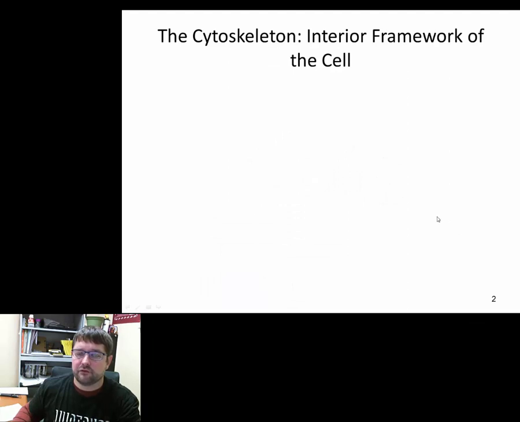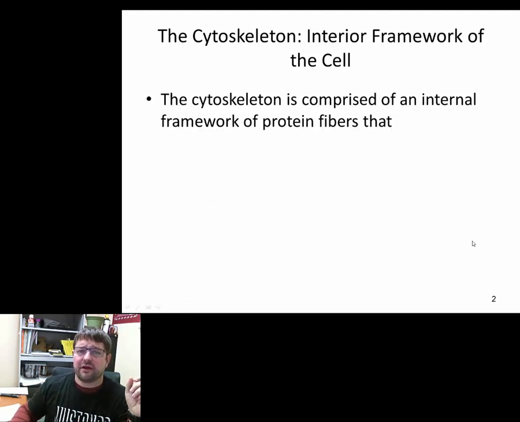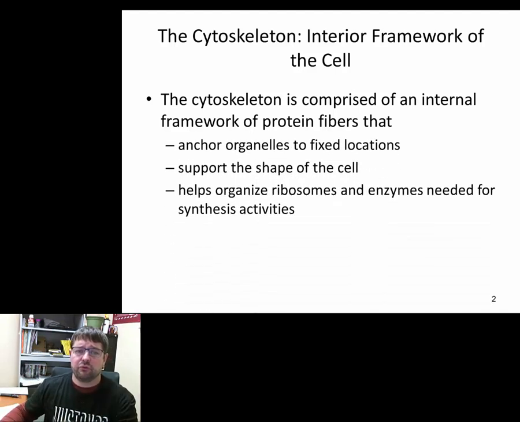Okay, so the cytoskeleton is the internal framework. Okay, and the cytoskeleton is really just protein fibers that are going to often anchor organelles.